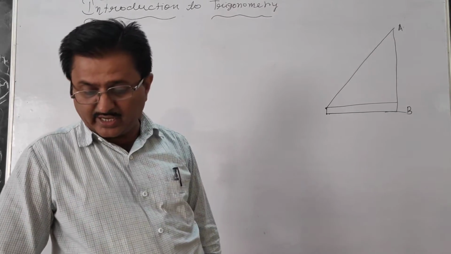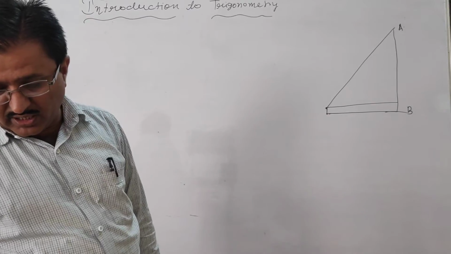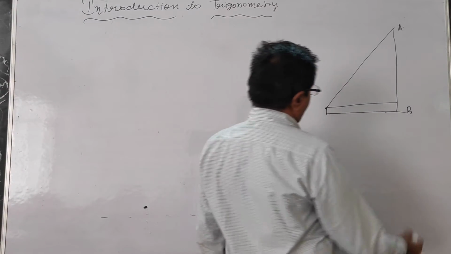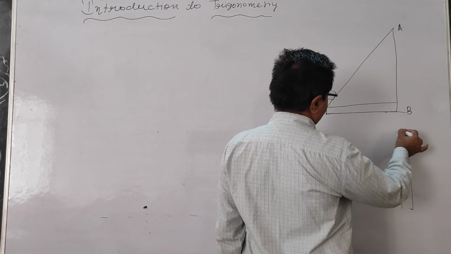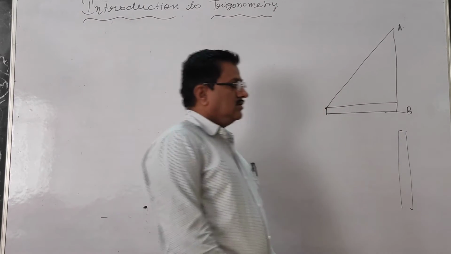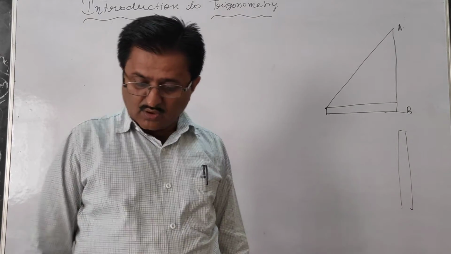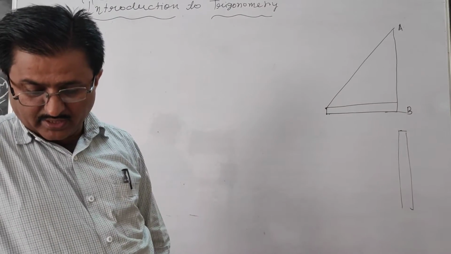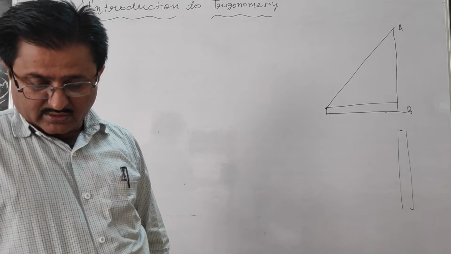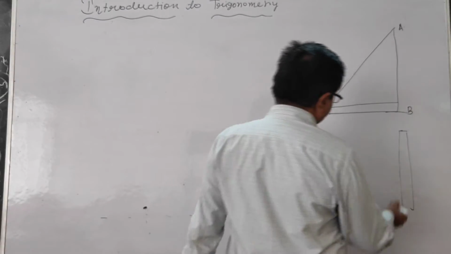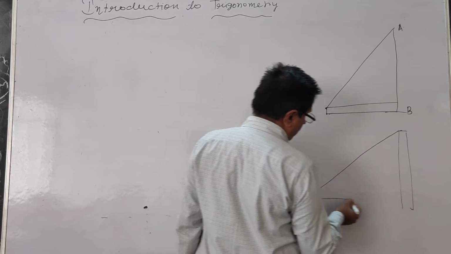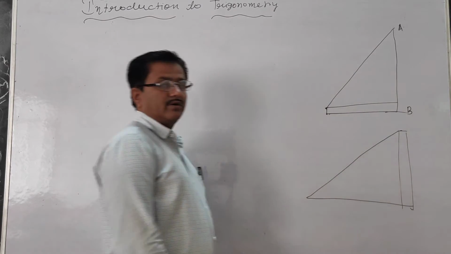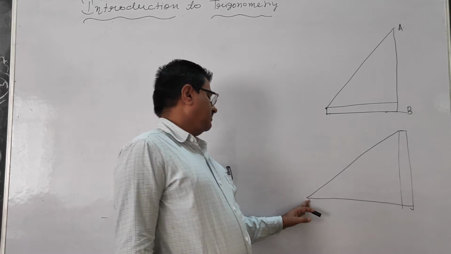Similarly, we take a second example. Suppose a girl is sitting on the balcony of a house. Suppose this is the balcony, and she is sitting in this balcony and observes a point on the road, or any vehicle here.